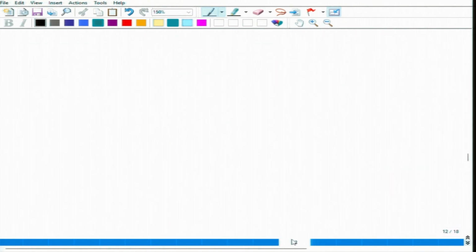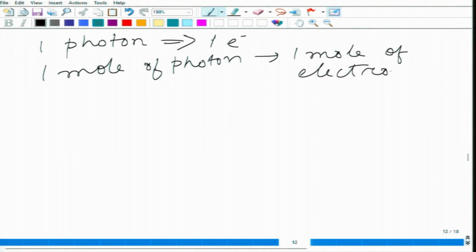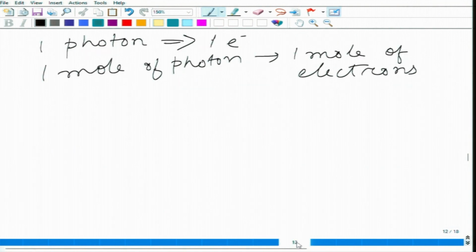So, if 1 photon corresponds to 1 electron ejection, then 1 mole of photons will correspond to the ejection of 1 mole of electrons. But in the question, we need the energy to eject 1 electron. So, we need to convert this back into joule.